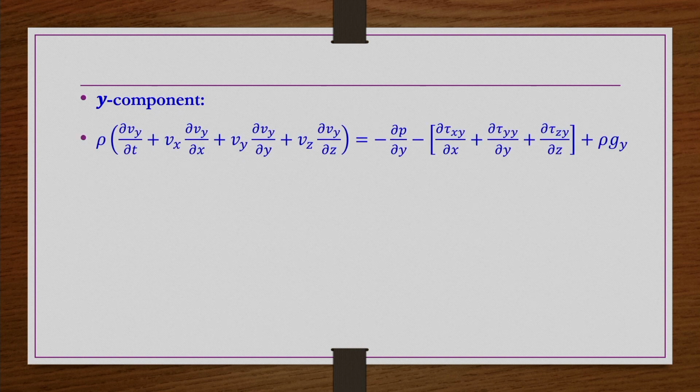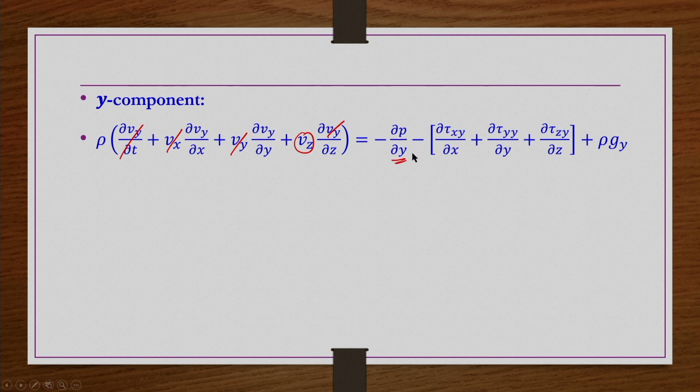Again, the y component of the equation of motion for a non-Newtonian fluid, if you write it in Cartesian coordinates, is that equation. So, steady state, this term is 0. Vx is not existing, Vy is not existing, Vz is existing, but Vy is not existing.